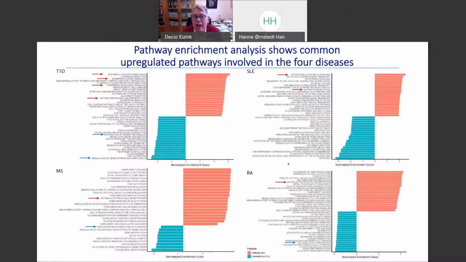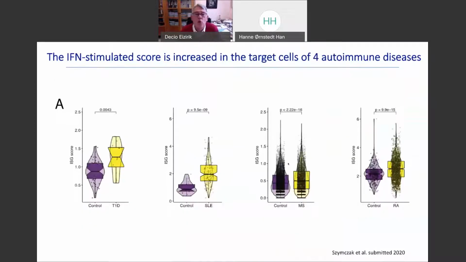So to give you an idea, we quantified CD45, which is a marker of immune cells, and the transcripts per million in type 1 was around 16, while the transcripts for insulin are more than 100,000, and for PDX1 around 90. So it's a minor contamination.